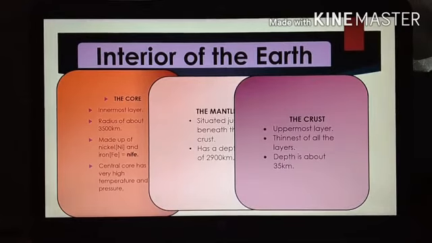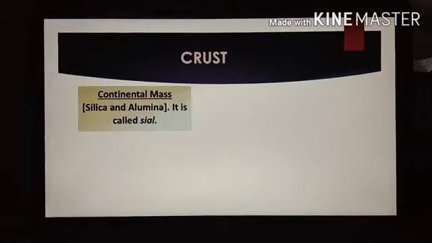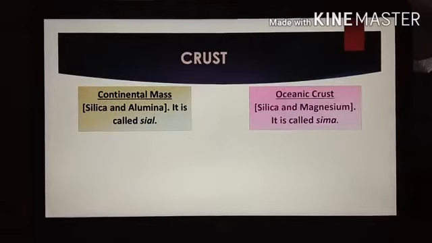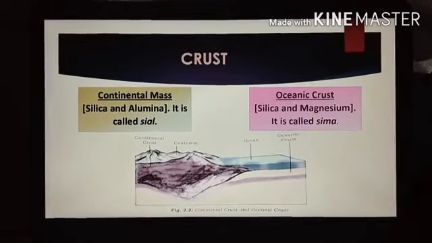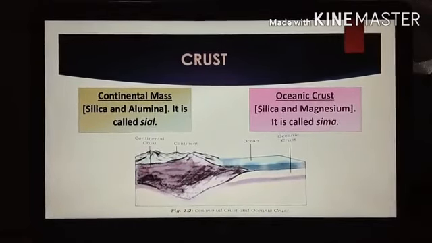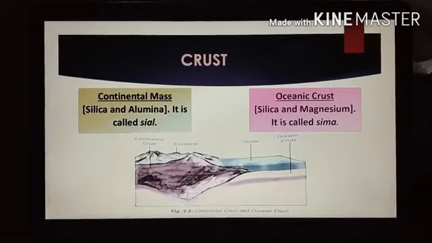Now, let's study the crust. The crust is again divided into two different parts. First, the continental mass, and the second is the oceanic crust. Let's study these two different types of crust with the help of a diagram.